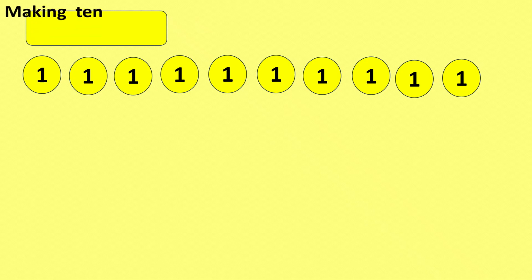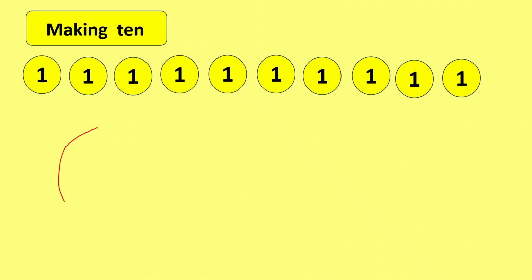Look at the next point, it's about making a 10. Okay. If you have to make a coin like that, which is a 10. So how do you make the 10 coin here?